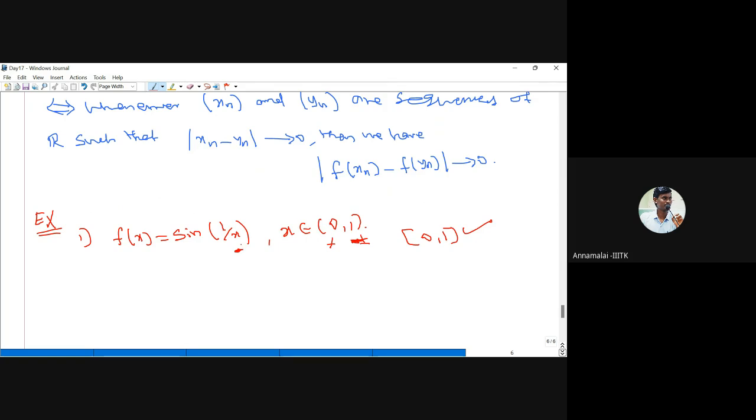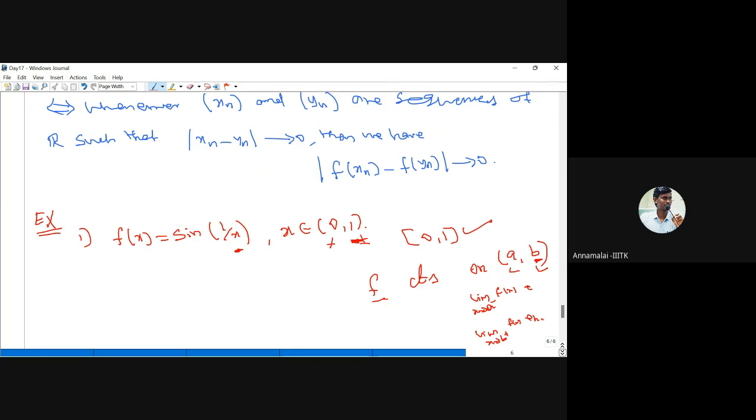So there is a theorem. The theorem says, suppose f is a continuous function defined on the open interval (a, b), and suppose it is possible to extend this function to the two endpoints, that is, the limit as x goes to a from the right of f(x) exists, and the limit as x goes to b from the left of f(x) exists.